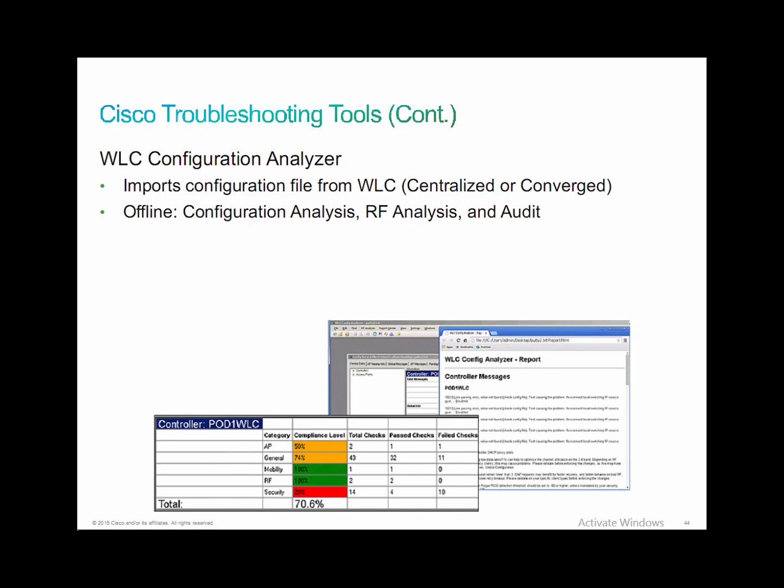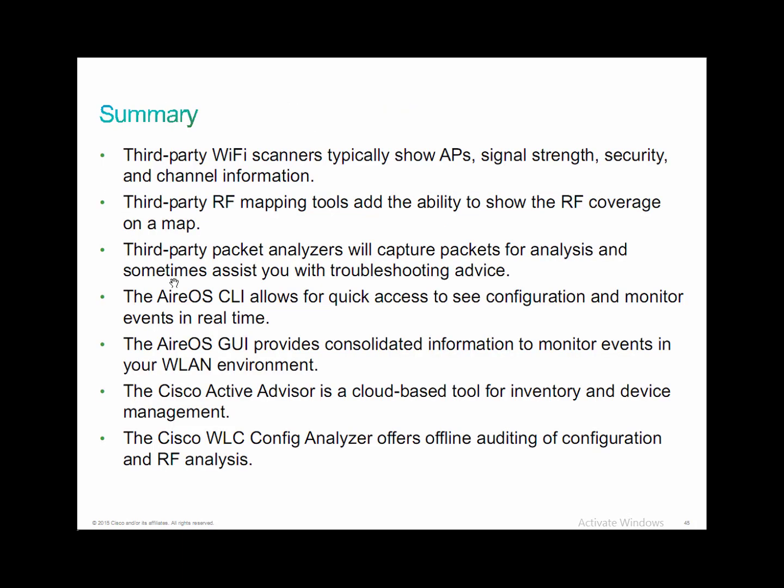So in this lesson, WLCCA, by the way, just Google that and search for it online. We talked about third-party Wi-Fi scanners in this lesson, how we look at APs, signal strength, security, etc., mapping tools, the ability to show the RF coverage on the map, third-party packet analyzers, different types of tools in the CLI and the GUI.